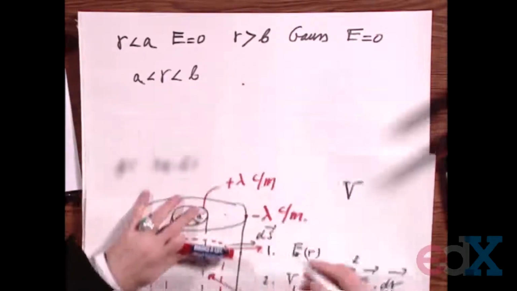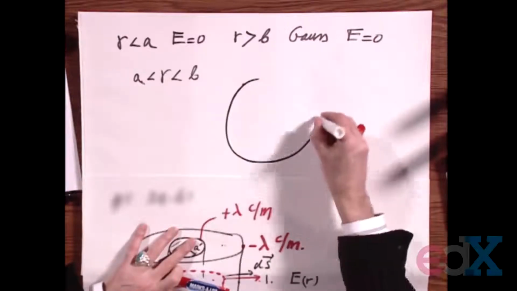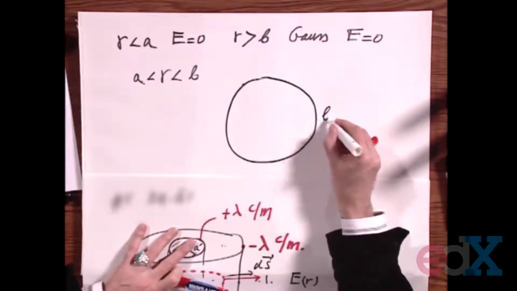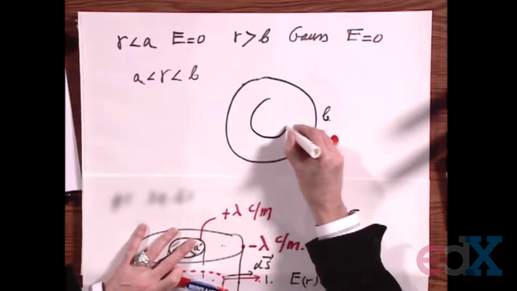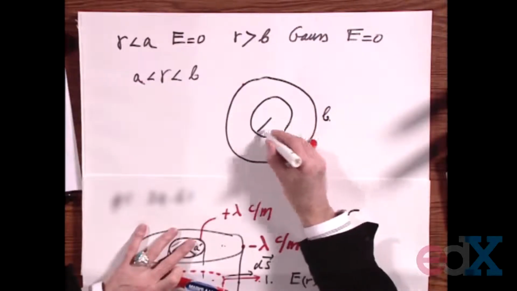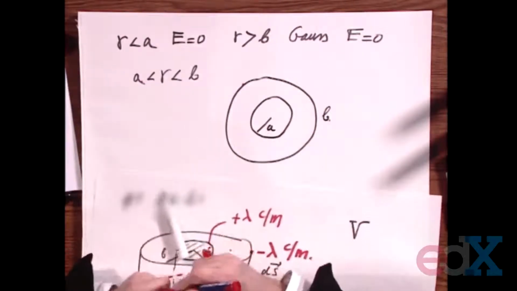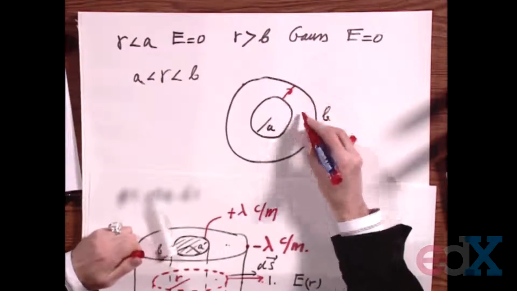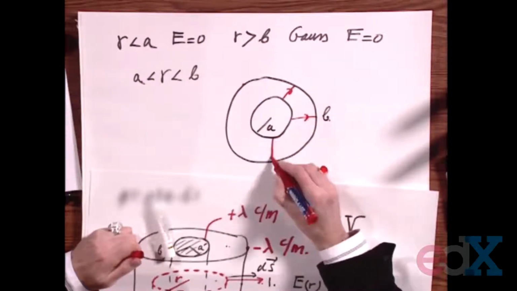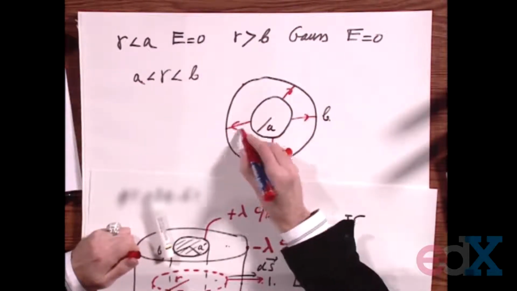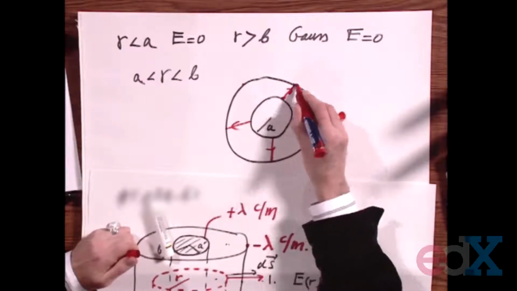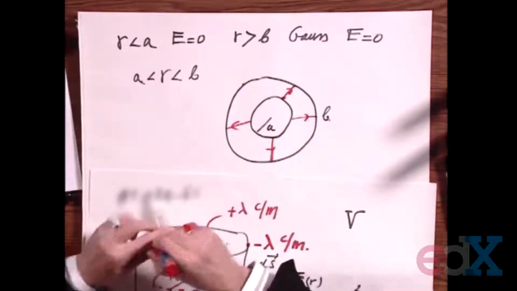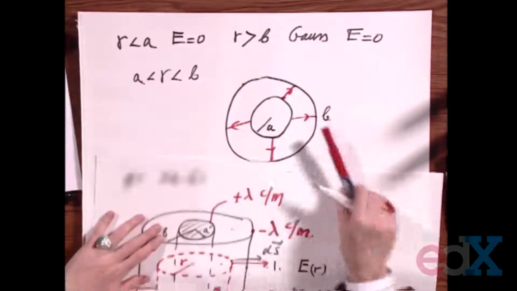If you were to look from above, this is the radius b, and this is the radius a, then the electric field will be in this direction, even though it will be stronger here, as you will see, than it will be there.